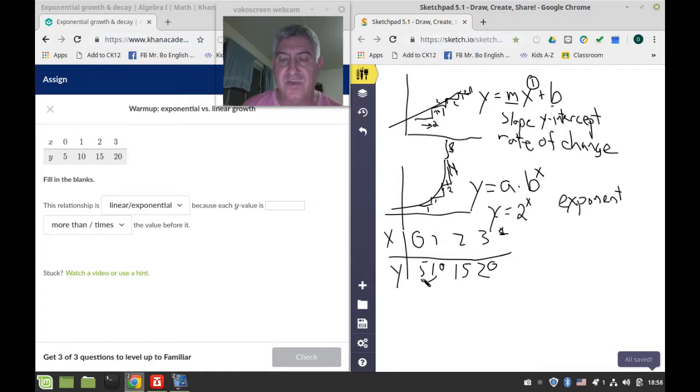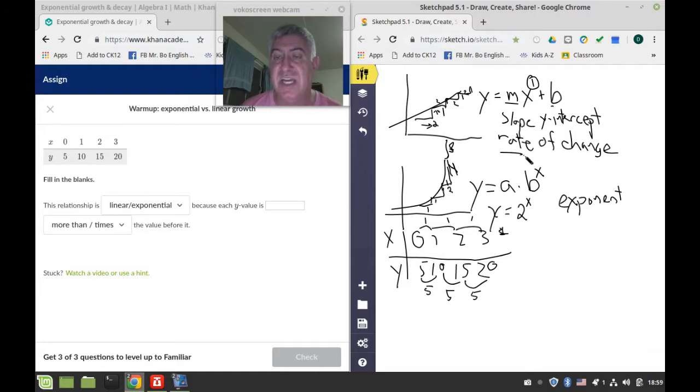So we're going to look at the first difference. 10 minus 5 is 5. 15 minus 10 is 5. 20 minus 15 is 5. So our difference is 5 each time. Our difference on the x's is the same, 1, 1, 1, and our difference on the y's is the same.